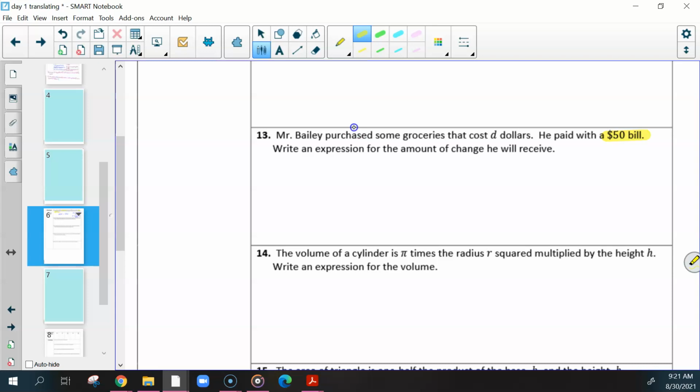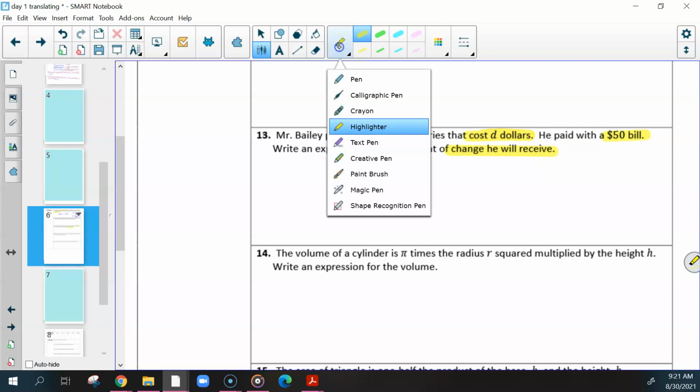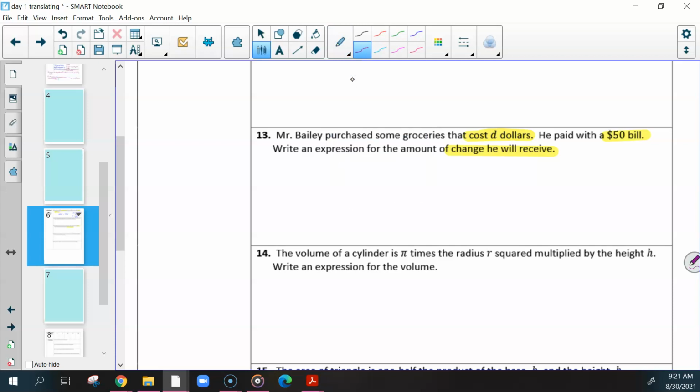And that he paid more than the cost. In this case, they gave us a variable to use, so we don't have to define it. They already did.